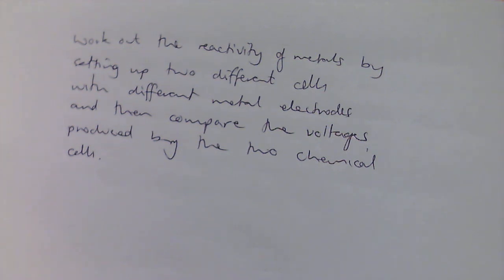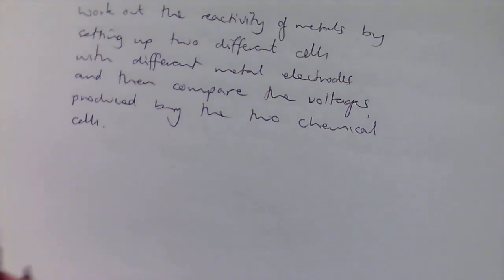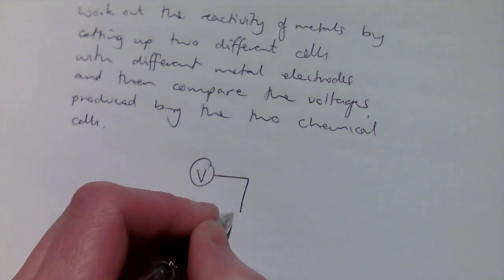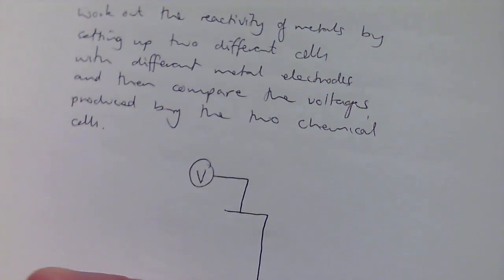So if we remember from before, what are we actually going to set up? We're going to set up a circuit that looks like this. We've got a voltmeter there, then it's attached to an electrode here.